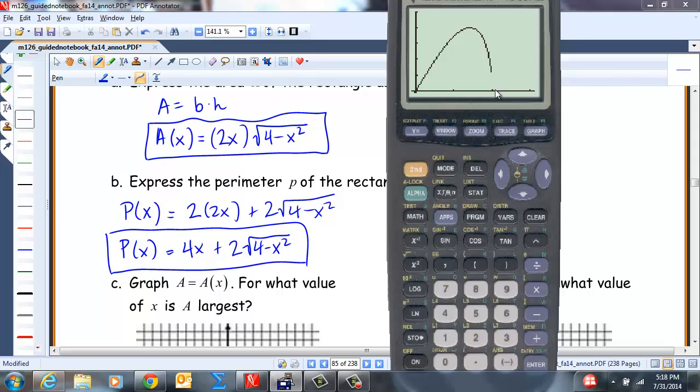Still strange, because if you plug in 2, you would get 0. So we need to work with the resolution. It's looking a little better, but we're not quite there yet. So let's do the resolution. I don't know. We'll try this at 2. Does that do anything? No. Alrighty.